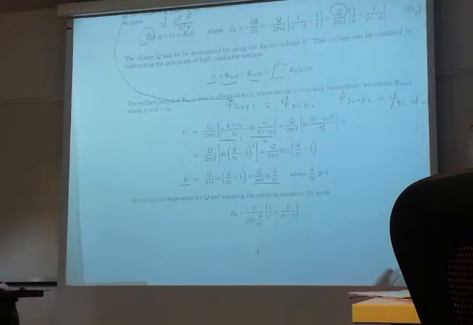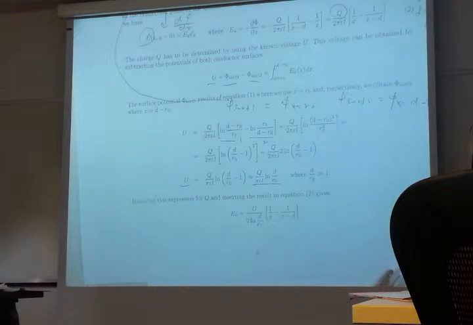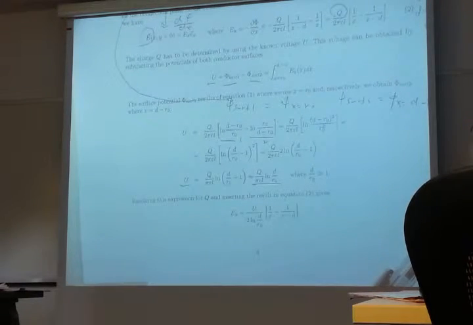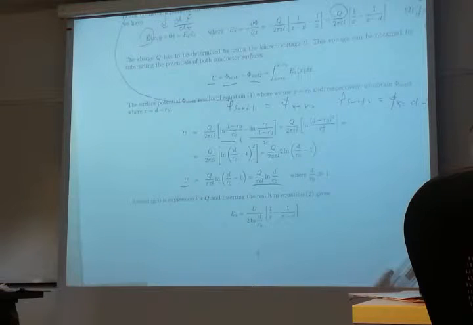And between them, you have a potential drop. This point we call phi 1, this point we call phi 2. And just now we have the phi. The phi is the function of x. X is the position. What is the position? So actually, if you have a coordinate system, this is 0, and then this is the D, right? This is D. And so phi 1, you need to know what is the coordinate.